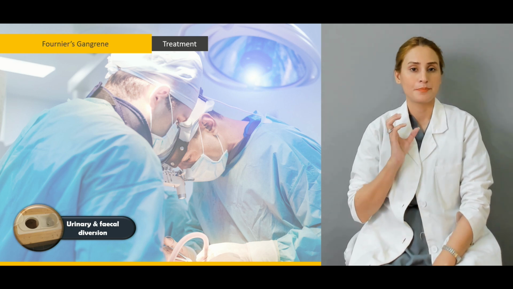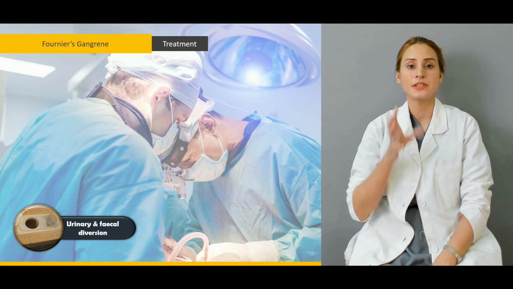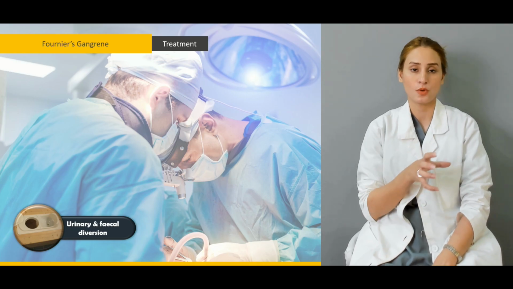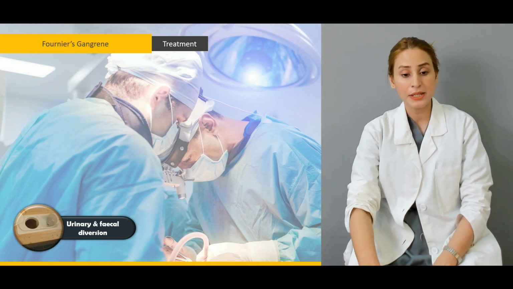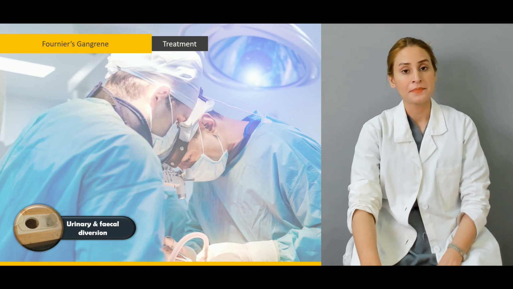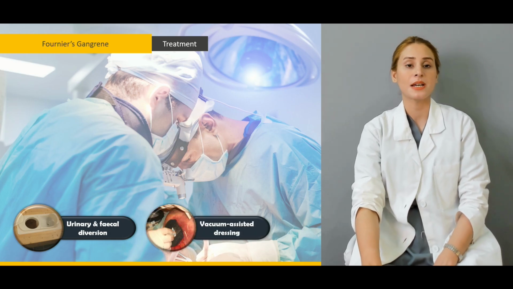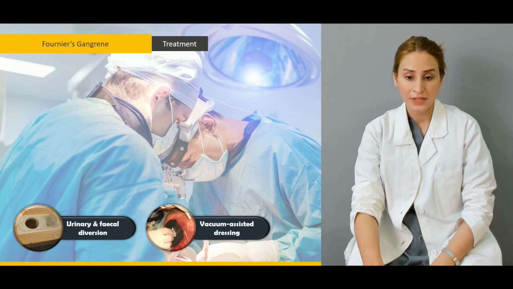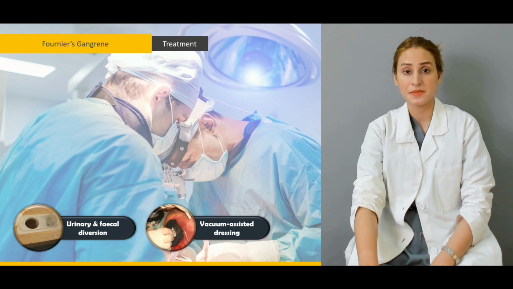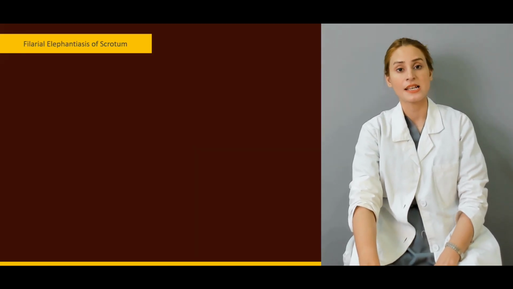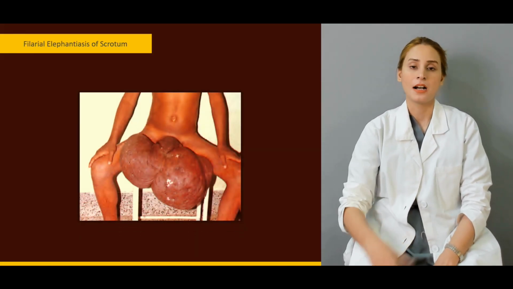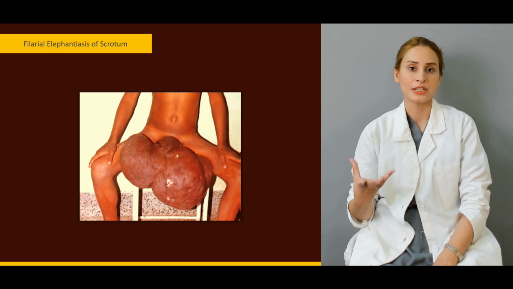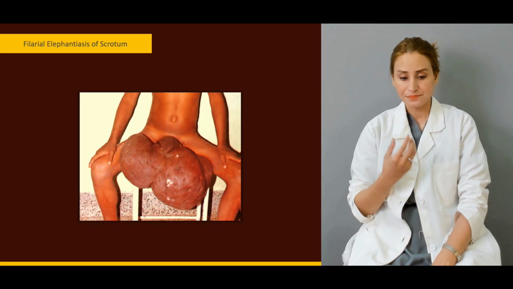Particularly in extensive necrotizing fasciitis of Fournier's gangrene, there can be urinary and fecal contamination as well. So sometimes you can do urinary and fecal diversions, and vacuum assisted dressings. They are also part of the treatment strategies for Fournier's gangrene.